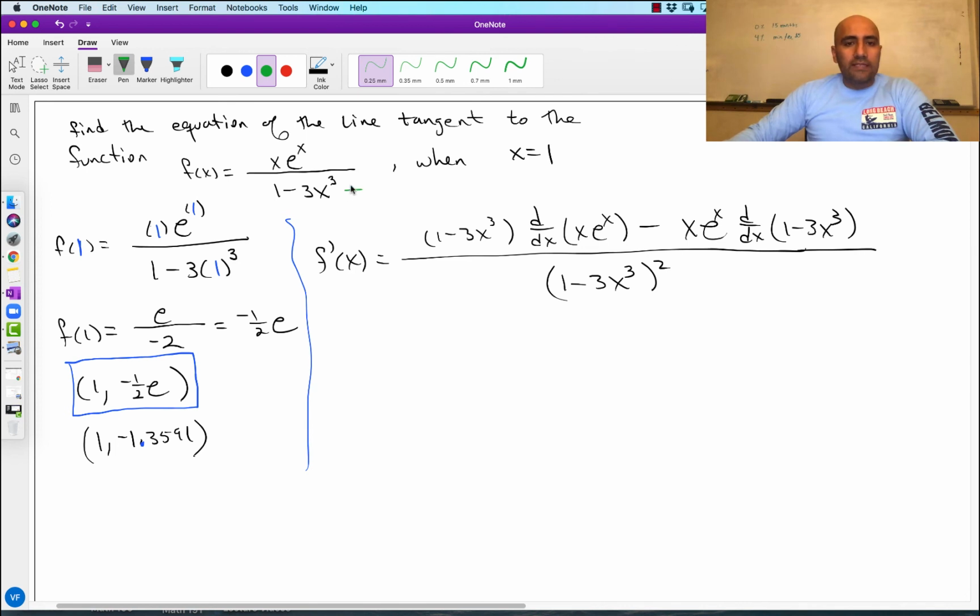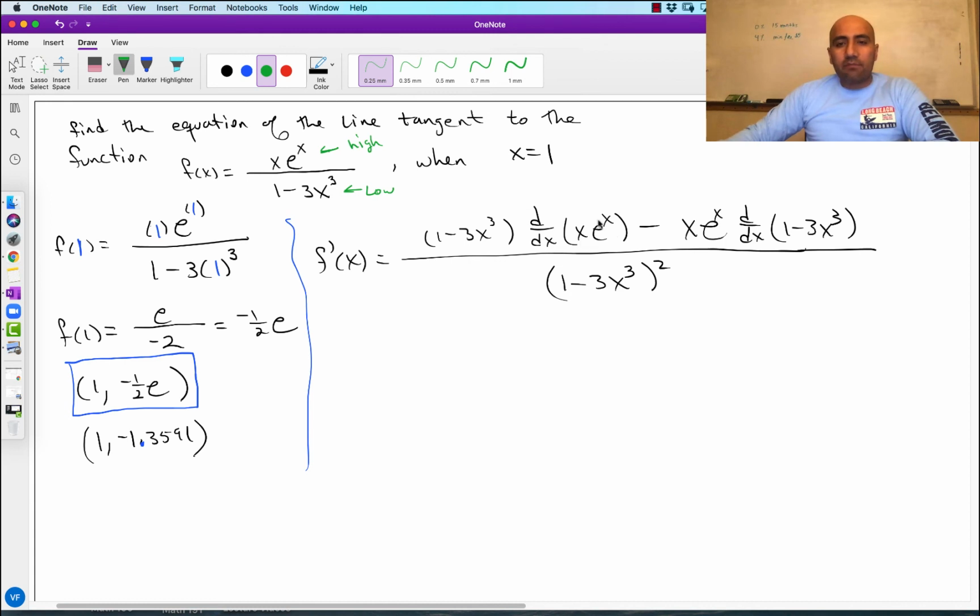When I say low, I'm referring to the denominator. Here's what I'm talking about when I say high. So low d high minus high d low over the denominator squared we go.